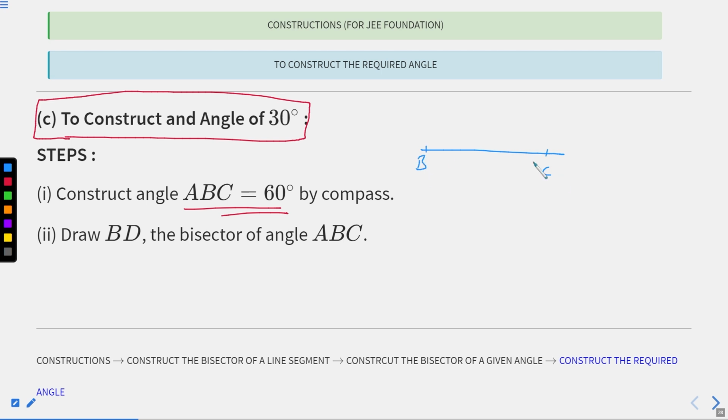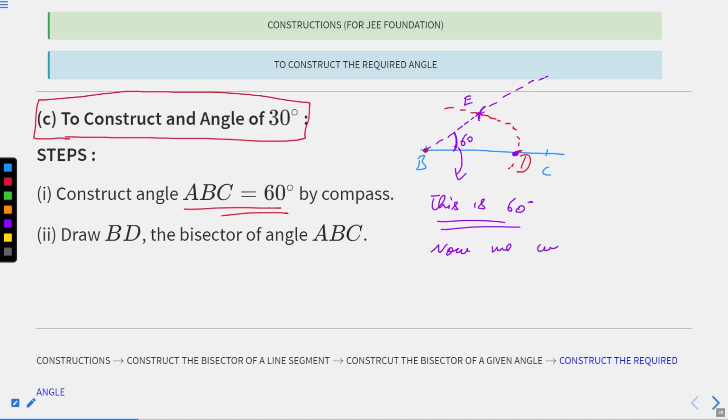Taking any suitable radius with center B, marking a point D, and with the same radius but with center D, marking another point, say E, we will get our 60 degree angle. Now this angle is 60 degrees.